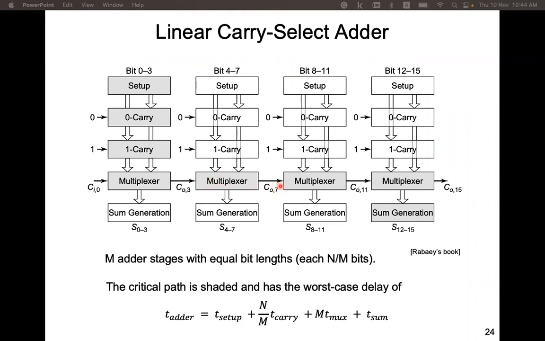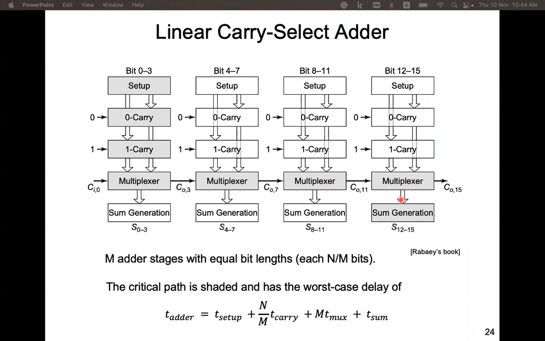And then the carry arrives at the input of the third stage. When it arrives, the 2 sets of possibilities are already available. Then there is another delay by the multiplexer. Then finally to the final stage multiplexer.